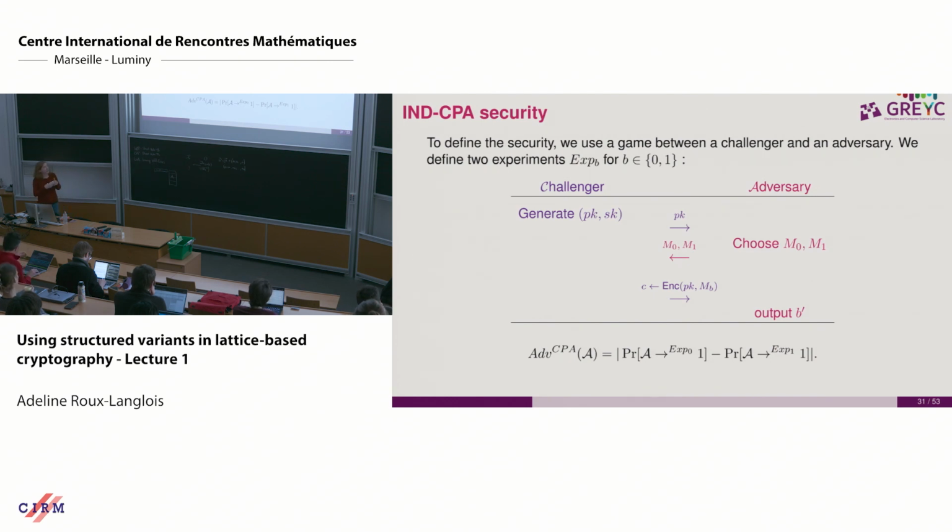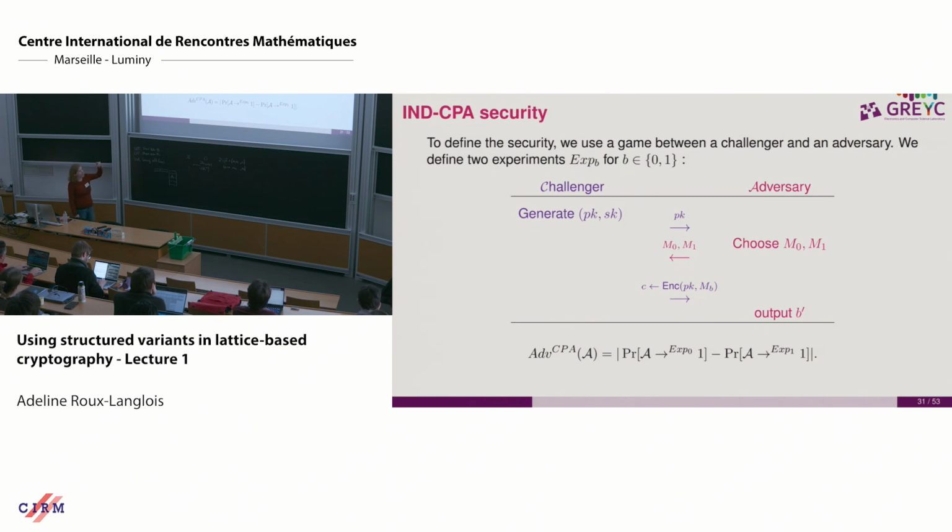So he runs his attack on two messages, M0 and M1, that he sends to the challenger. You have two experiments, experiment 0 and experiment 1. In experiment 0, the challenger encrypts M0. In experiment 1, the challenger encrypts M1. Okay.